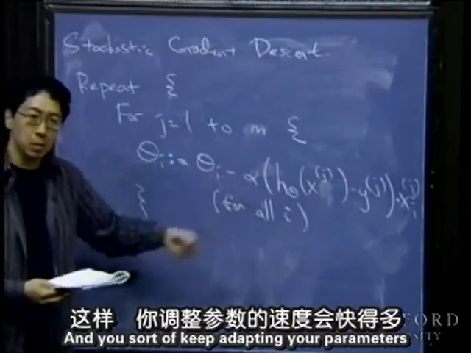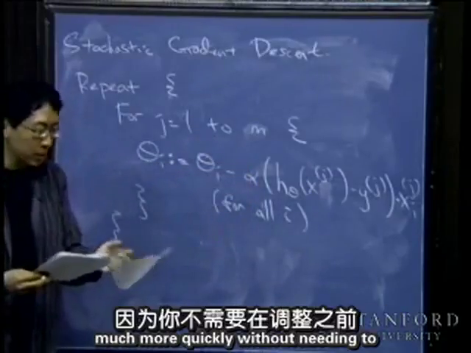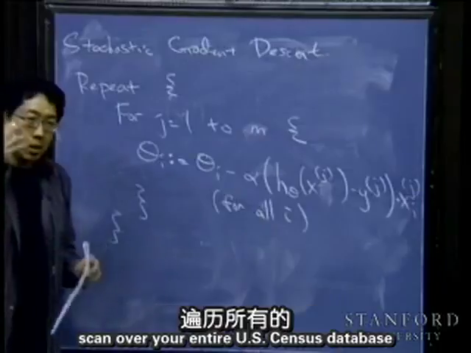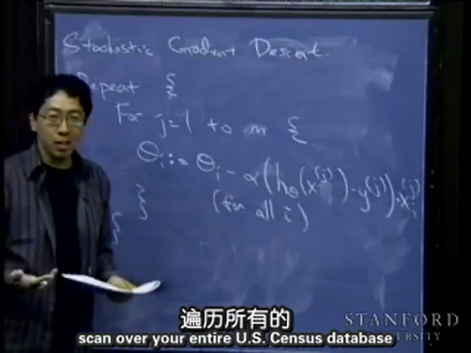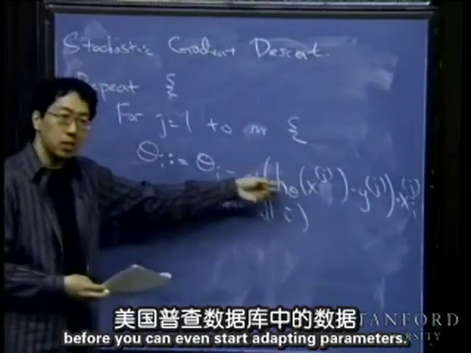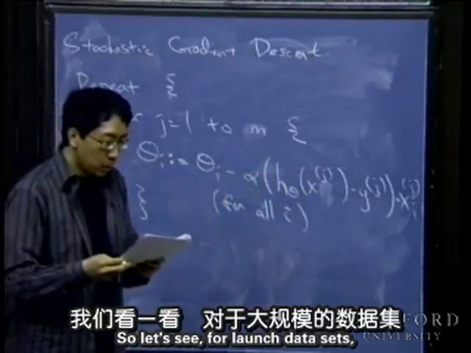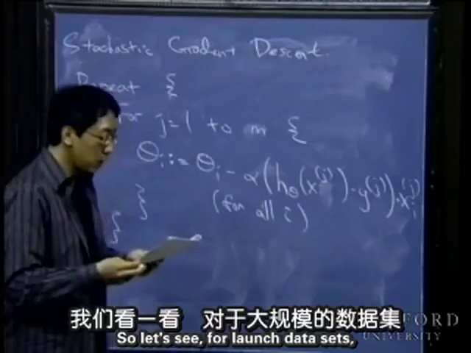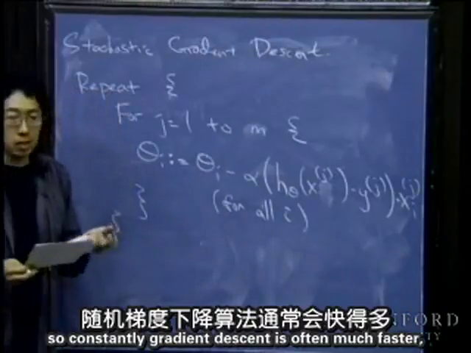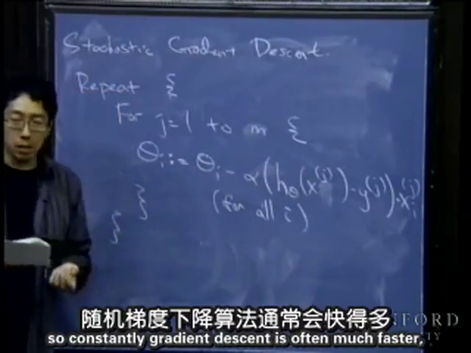You keep adapting your parameters much more quickly without needing to scan over your entire US Census database before you can even start adapting your parameters. For large data sets, stochastic gradient descent is often much faster.